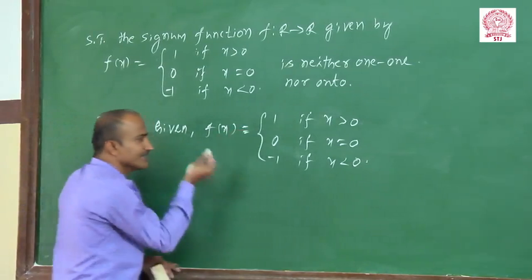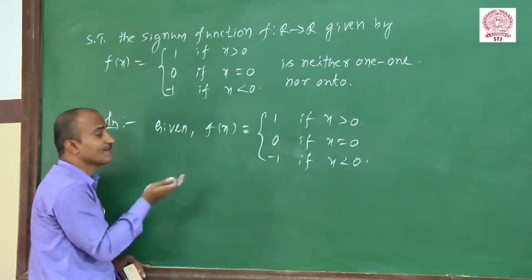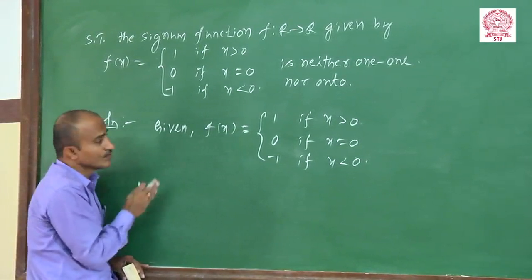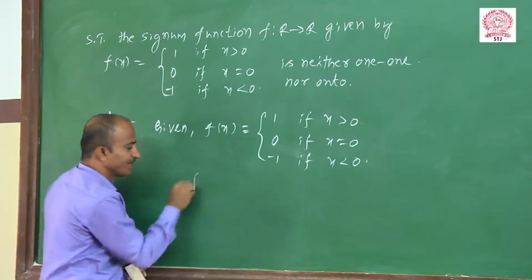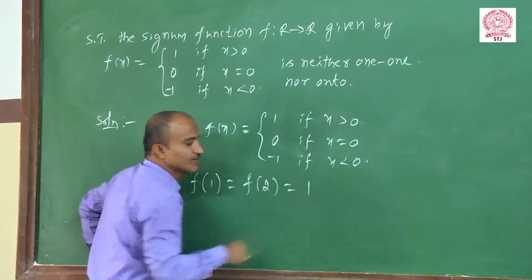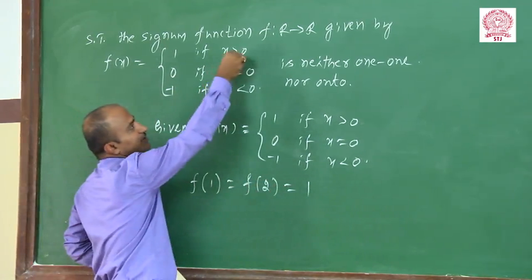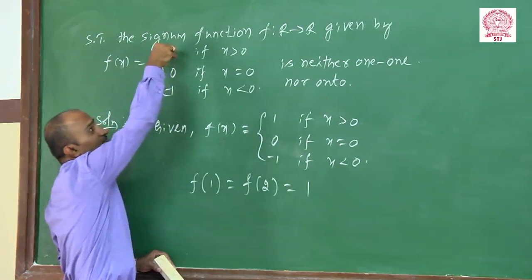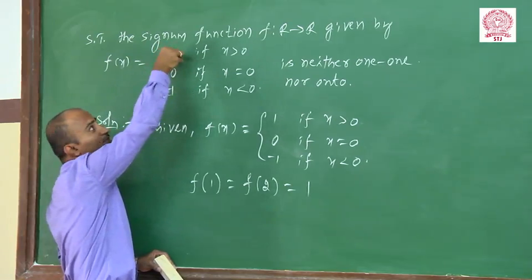Now, if you take any two arbitrary elements from domain, say f of 1 equals f of 2 equals 1, for any positive element of x where signum function is 1. So mapping with 1 only.